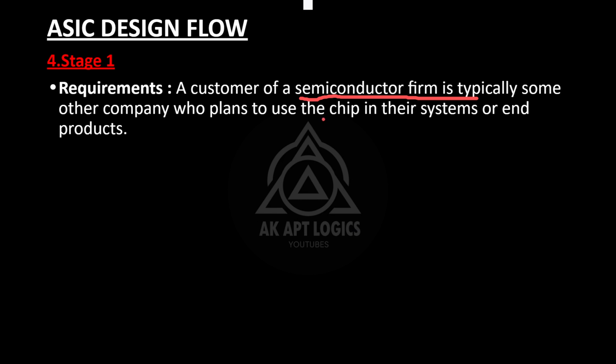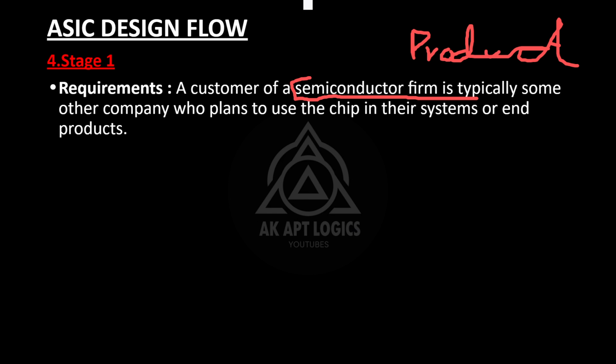They give those specifications to us because they want our chip to be used in their product. Designing the chip by themselves would take a very large time. So most product based companies will give small projects to service based companies.